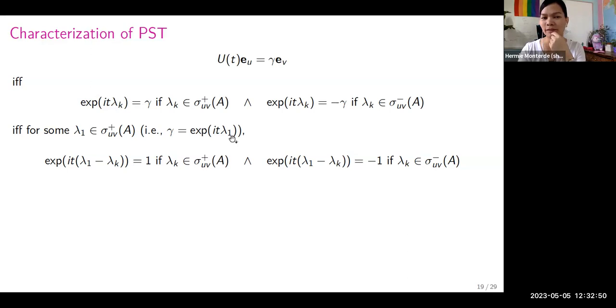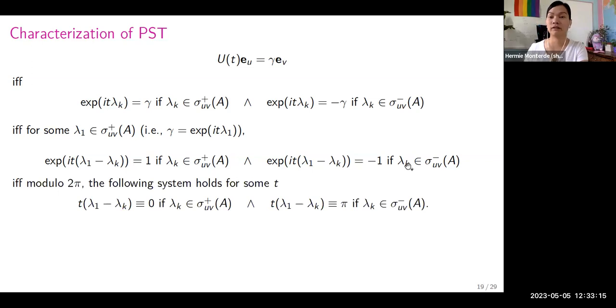So if I divide both sides by gamma, I get this. But here, if I divide by gamma, I get this, with lambda 1 being fixed. Okay, so now we have these nice equations, the exponential of the differences being 1 in this set and -1 in this set. So what now?